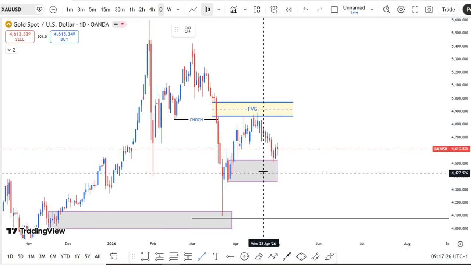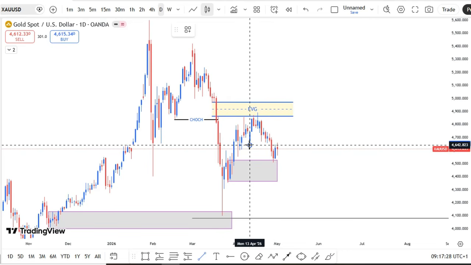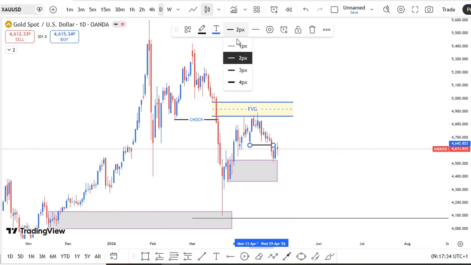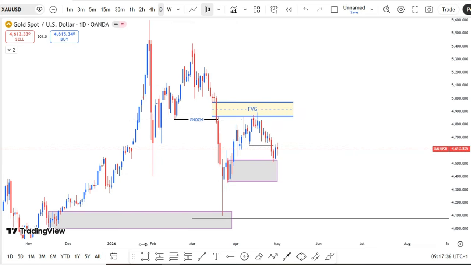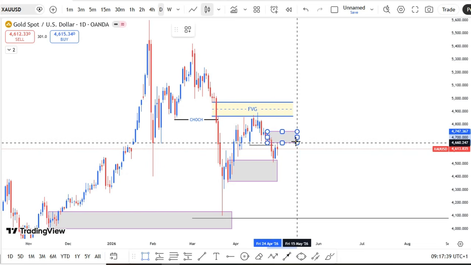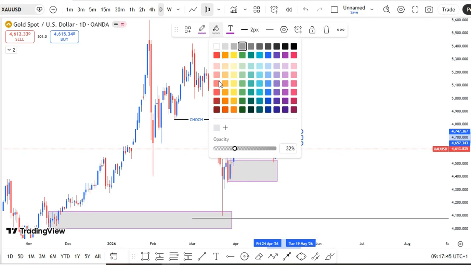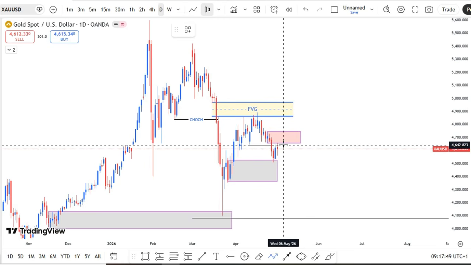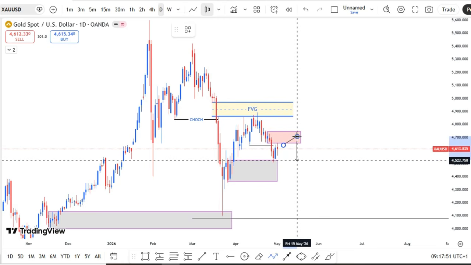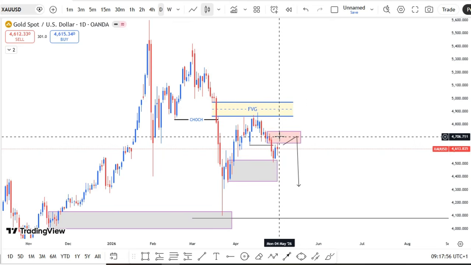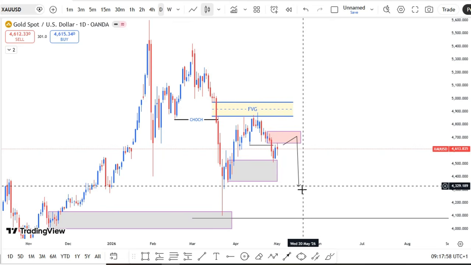And looking at these, we actually have a supply level at which price will be reacting from to drop to the downside. So expect this zone to hold price to the downside.